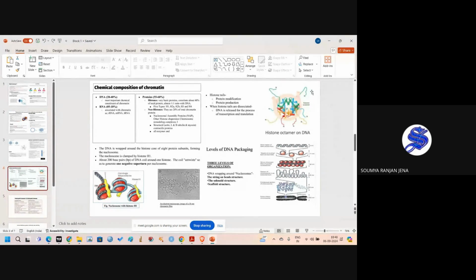Then, if you go to the structure of this octamer complex, there are different histone tails. The protein contains an N-terminal and a C-terminal domain, and these histones have different protein modifications.